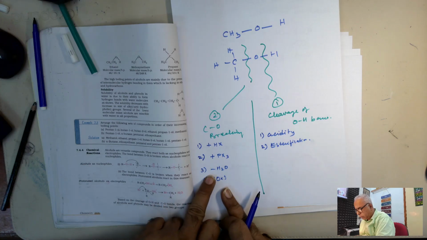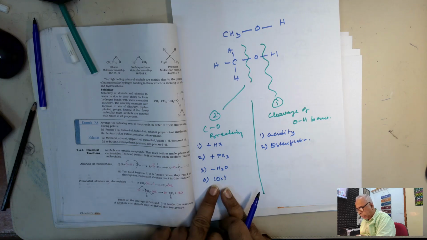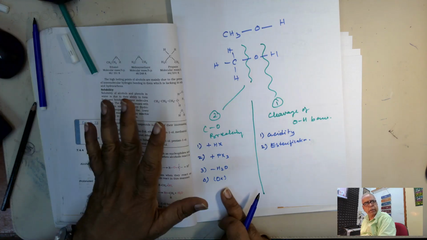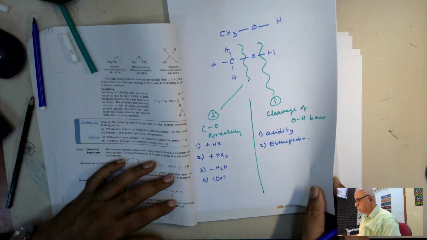And this one, removal of water. And this one, oxidation. When alcohol is oxidized, primary alcohol gives aldehyde. Secondary alcohol gives ketone, and tertiary alcohol gives ketone with a smaller number of carbons. It is difficult to oxidize, but using a powerful oxidizing agent, you can do so.